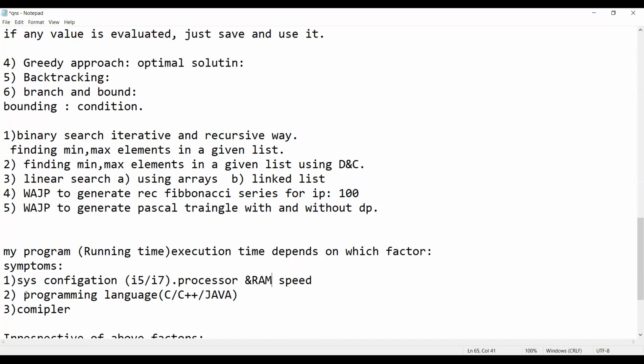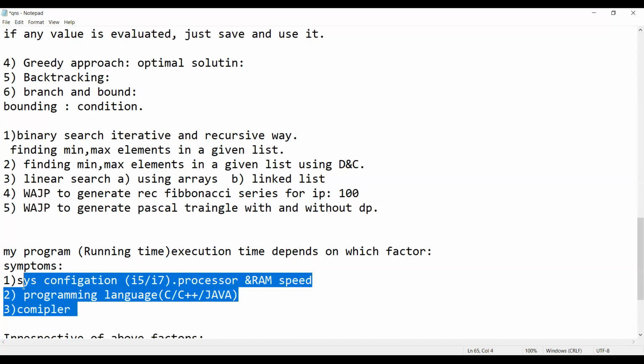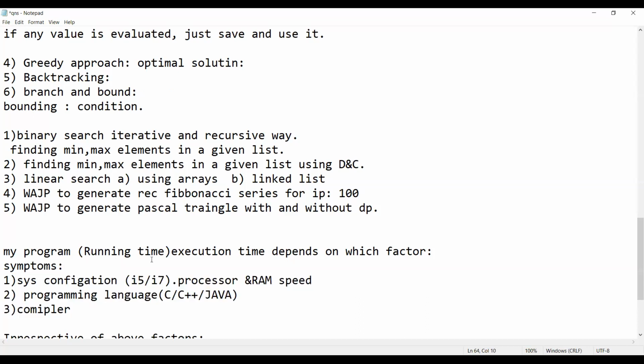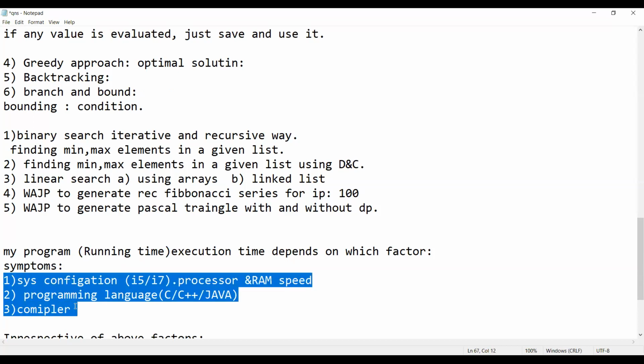Next is which programming language you are using to implement your algorithm. Next is which compiler you are using to convert your programming language to its equivalent assembly level language code, right? Mnemonic instructions. So these are the basic constraints in order to evaluate how much time is needed to execute a program. But these change from system to system.